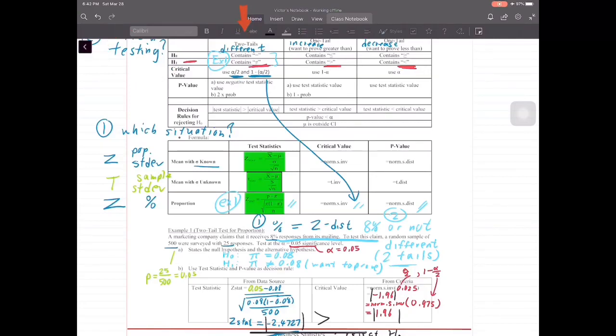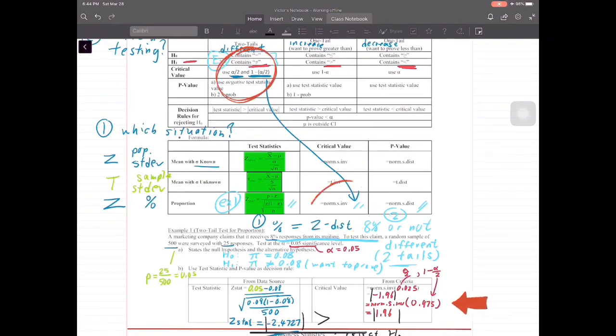When we look at the table for two-tailed testings under critical value, we're going to use alpha over 2 and 1 minus alpha over 2 as our probability. So you see that there are two probabilities, alpha over 2 and 1 minus alpha over 2. We're going to put those two values into the formula norm.s.inv to calculate the critical value.